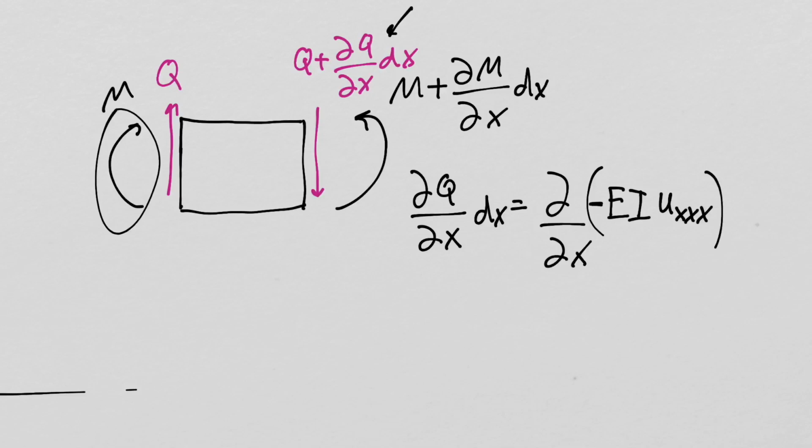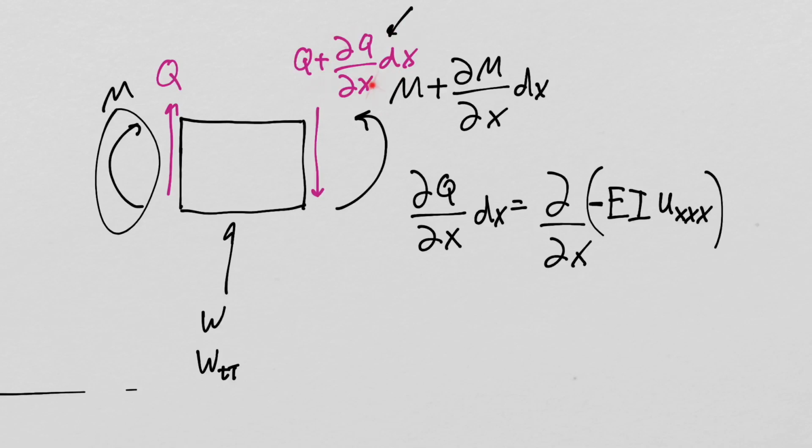Well, we need to find the unbalanced forces, right? The unbalanced moments will tend to spin it and rotate it, but the unbalanced forces will tend to accelerate it up and down. So its displacement is W. So we're interested in its acceleration, which is W_tt, its second derivative with respect to time. Well, what's the unbalanced force? Q going up is balanced by Q over here going down, but then you have this plus delta.